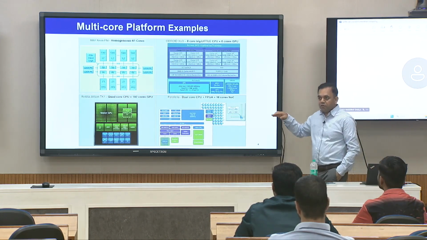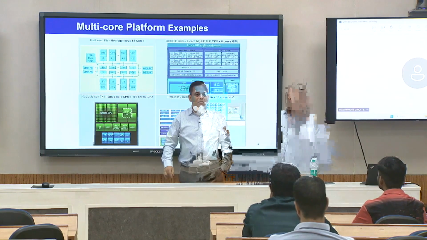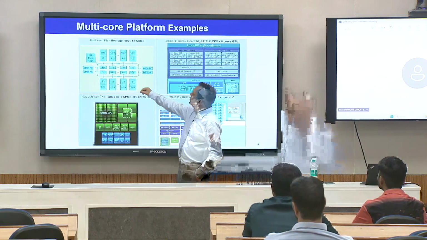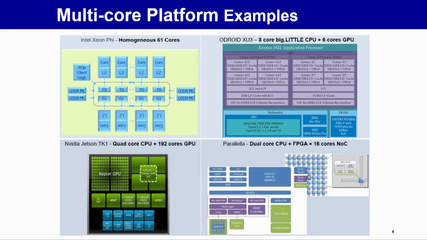Those electronic devices are powered by these kinds of platforms, multi-core platforms. This one you can see is used in servers or data centers. On the top right you can see a board called Odroid XU3.